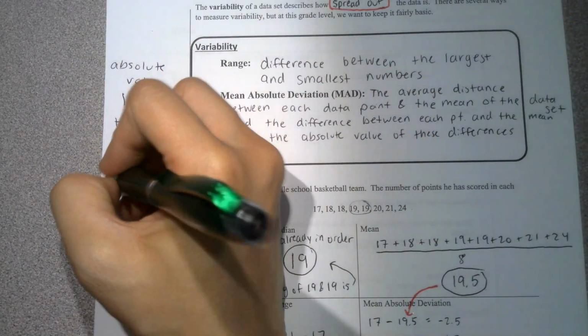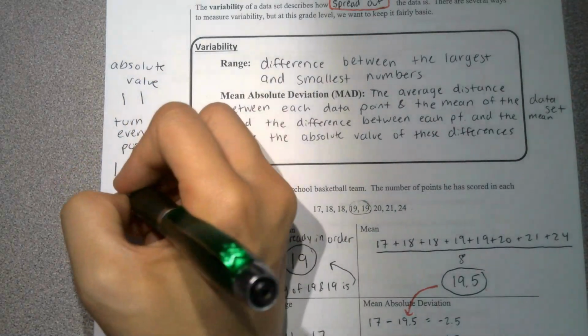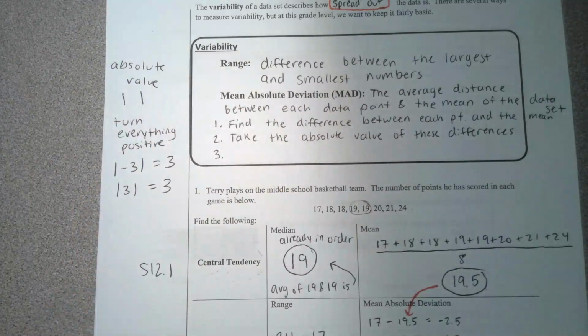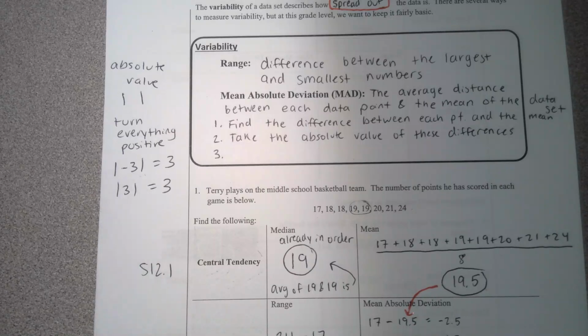So if I say absolute value of negative 3, that equals 3. If I say absolute value of 3, it just stays 3. It doesn't turn a positive into a negative. It just keeps it positive. So if I have these symbols, that says absolute value. If you remember that, cool. That's a simple explanation of absolute value, but it's good enough for this lesson.